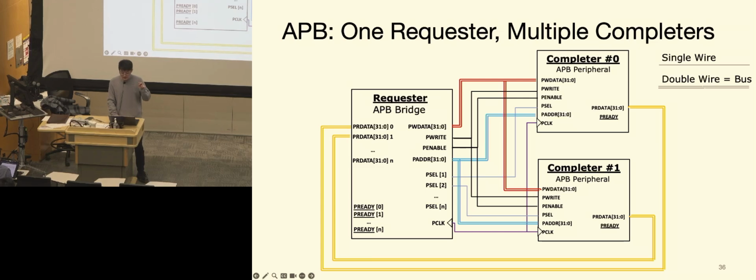A little bit different, there's an additional thing at the completer end: the output of the data, the 32-bit bus going back from the peripheral, is assigned to an individual bus structure or registers there.